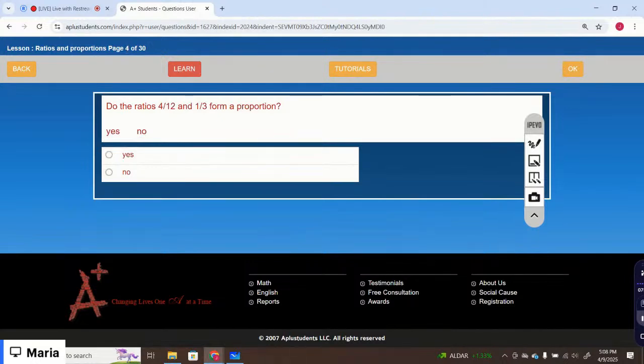Do the ratios 4 by 12 and 1 by 3 form a proportion? Yes, they form a proportion. Option number one is the correct option.